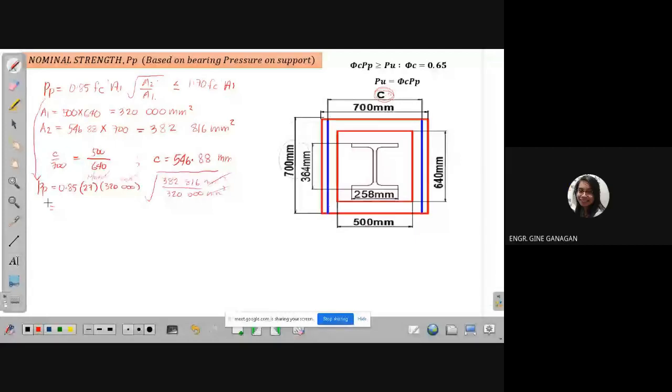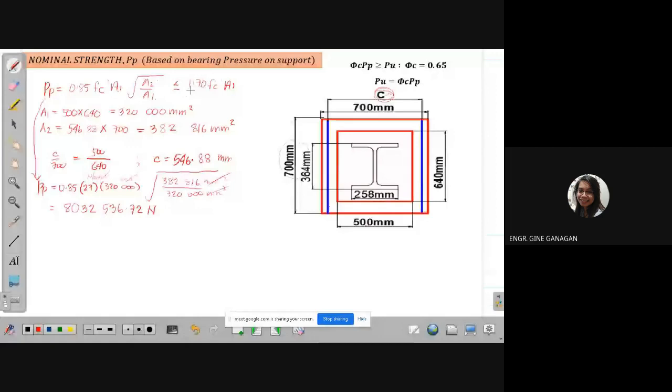So, we have 8. Paki-check na kung tama yung calculation ko. 536.72 Newton. Yes, ma'am, correct. Okay. And this should be less than or equal to this equation.